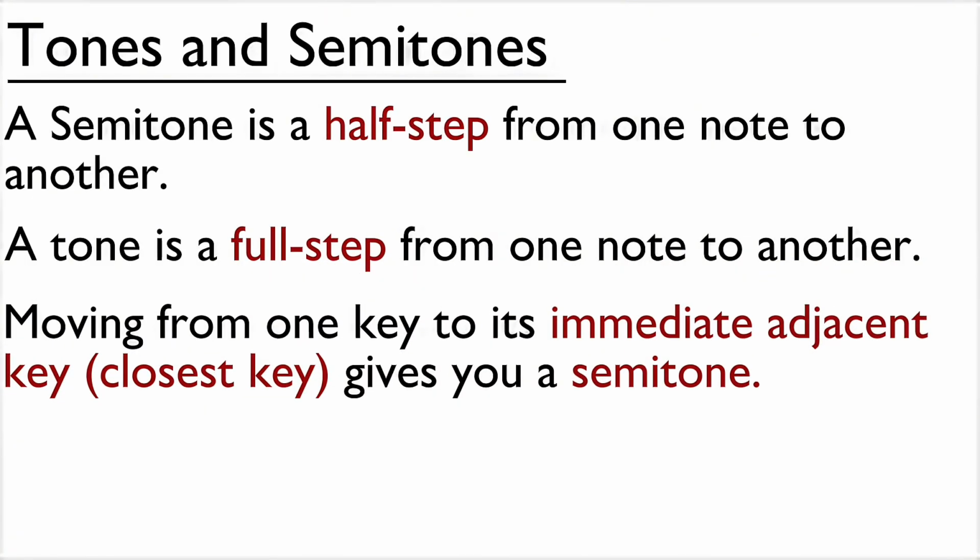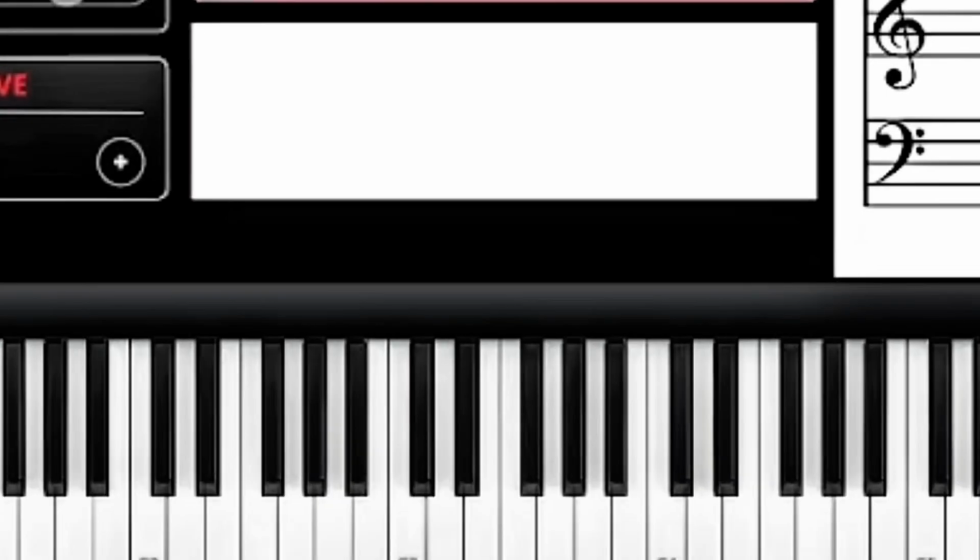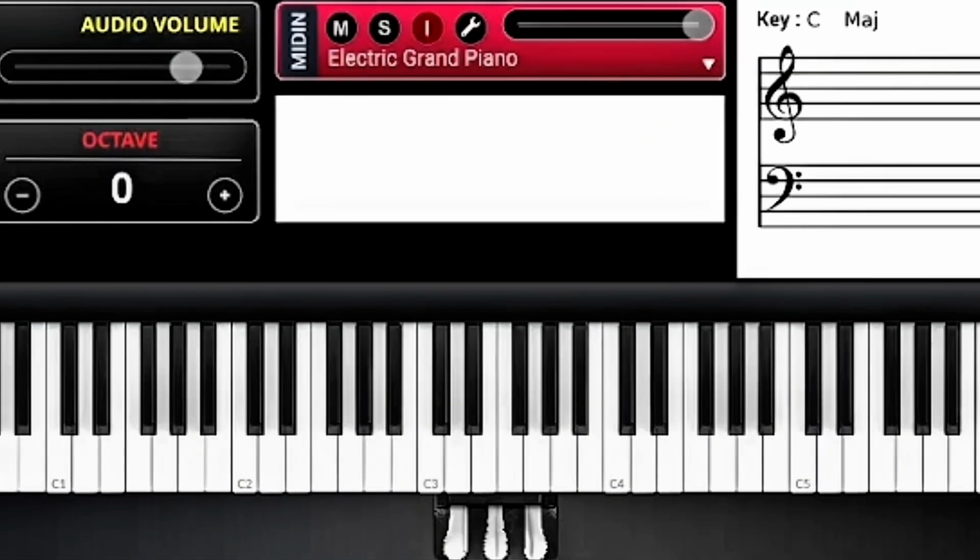If I move from one key to its immediate adjacent key, that is a semitone or half step. If I move from one key and skip its immediate adjacent key to the next key, that will give me a tone or full step. It was stated that if you move from one key to its immediate adjacent key, you will have a semitone.